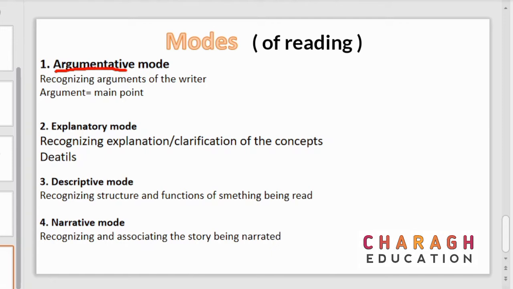So this kind of mood is argumentative mood. You read a passage in the mood of argumentation. You want to find an argument for yourself to support a statement. Or you can easily say that when religious people, suppose mullahs, read a passage or text, they do so in order to find an argument.